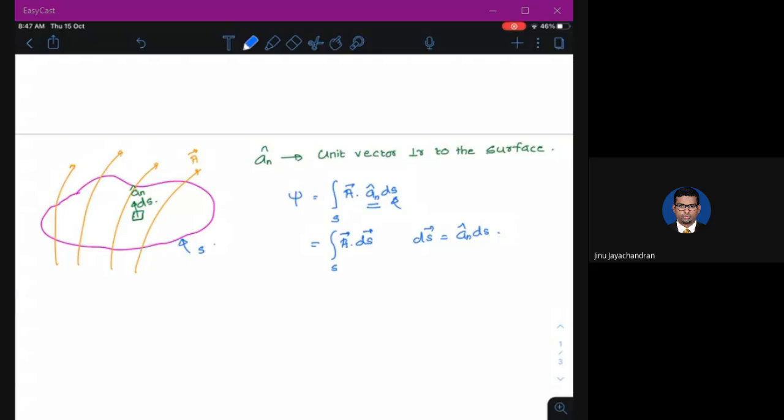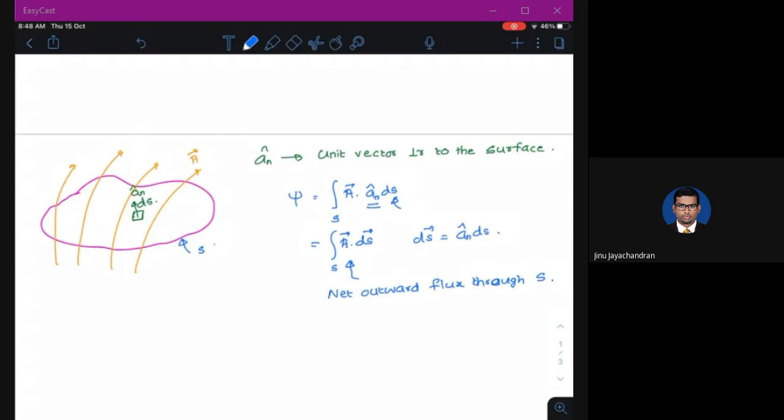Okay, and this shows the net outward flux through S. So the line integral showed me how much is the circulation of the vector along that path.